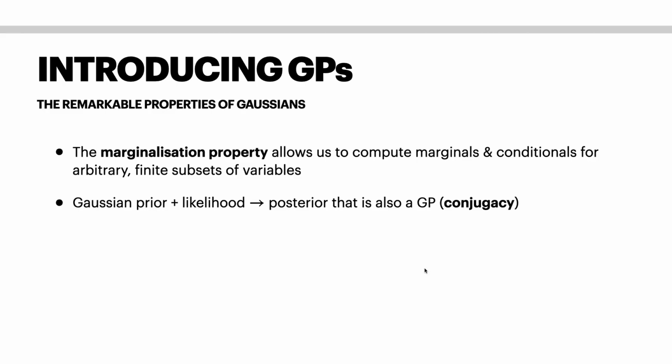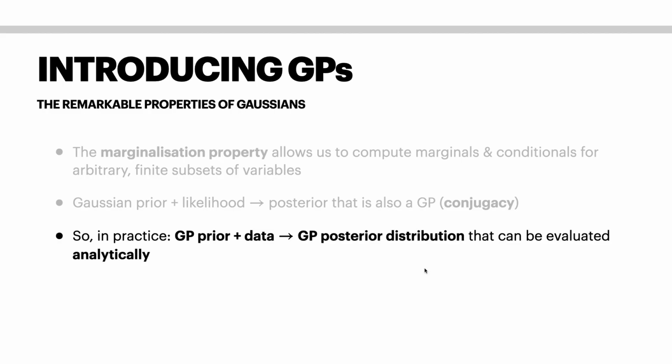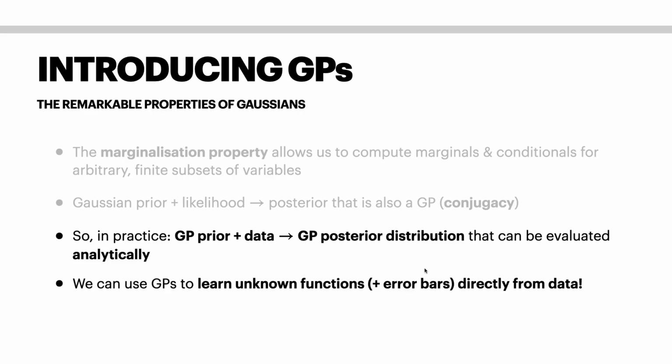Now, those 2 points are rather technical, so let me try to put things in simpler terms. If you assume you have some data that can be described by an unknown function, and you use a GP as a prior over possible functions, you'll end up with a posterior distribution that is also a GP and that you can evaluate analytically.